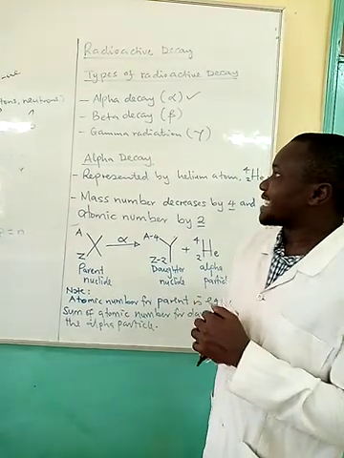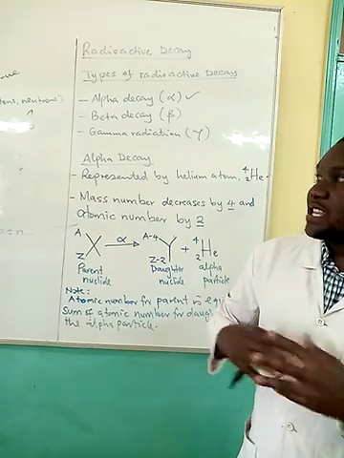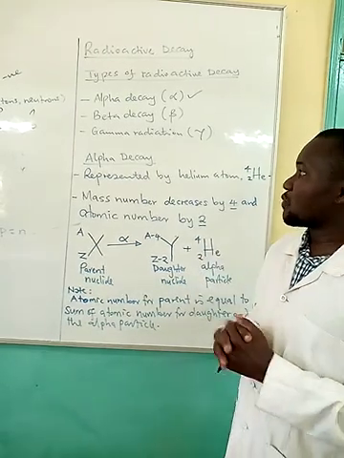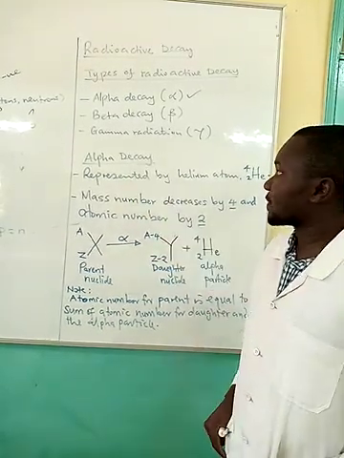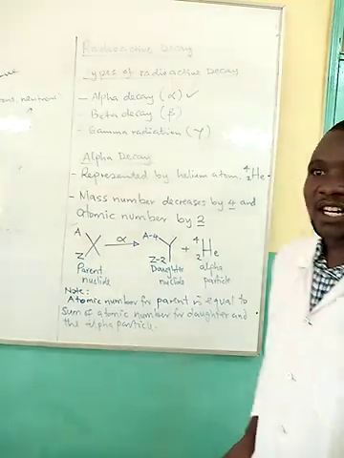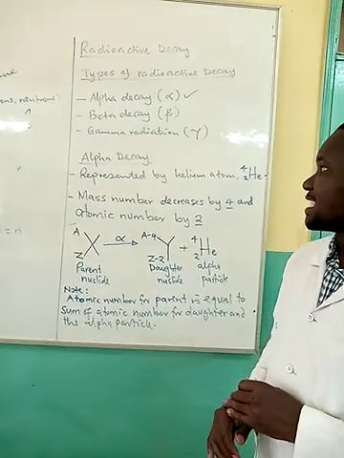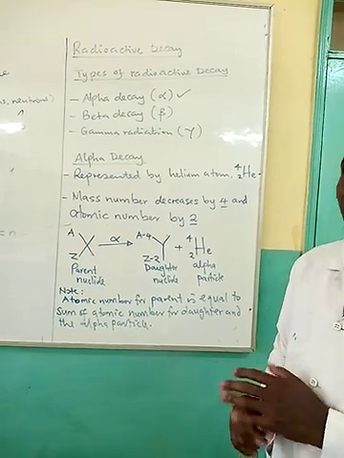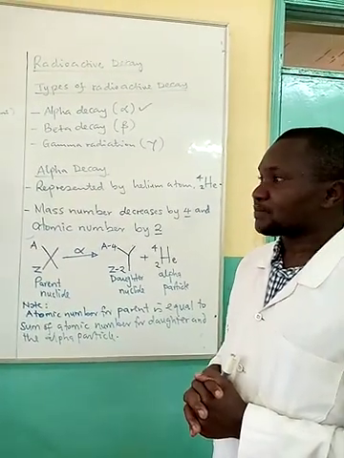So we want to look at these types of decay one by one. We start with alpha decay. When an unstable nuclide disintegrates by emitting an alpha particle, what happens?